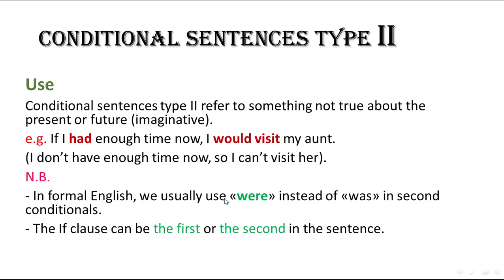In conditional sentences type 2, we use were with all the pronouns. The if clause can be the first or the second in the sentence. Don't worry if you see the sentence starting with the result clause. You can use them any way you like, and there is no problem.